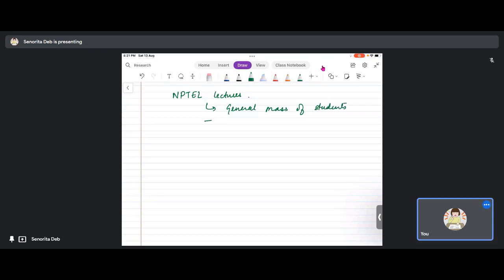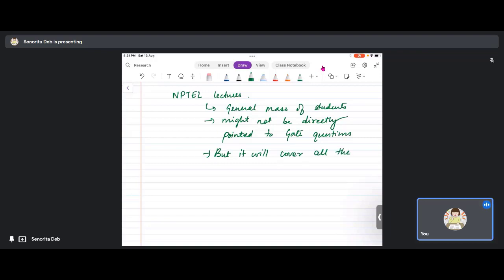It might not be directly pointed to GATE, but it will cover all the basics needed for your GATE. That is the most important thing.